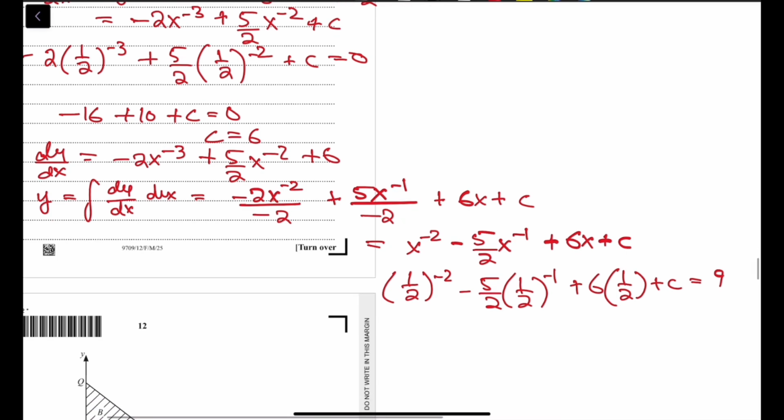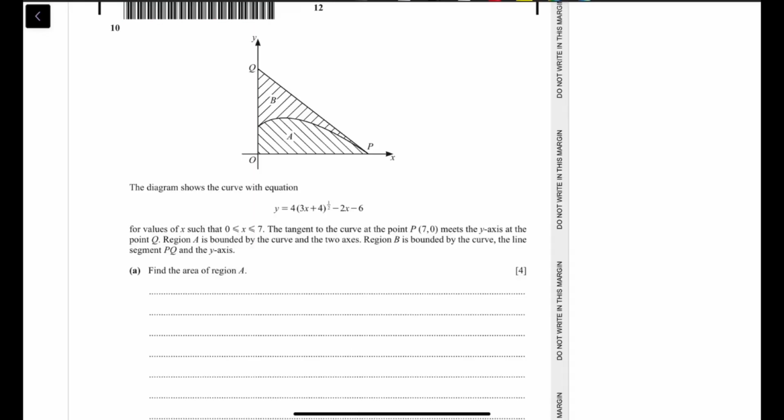I could do the math, but I'm not going to. c will end up equaling 7. Therefore, our y equals x to the power negative 2 minus 5 over 2 x to the power negative 1 plus 6x plus 7.